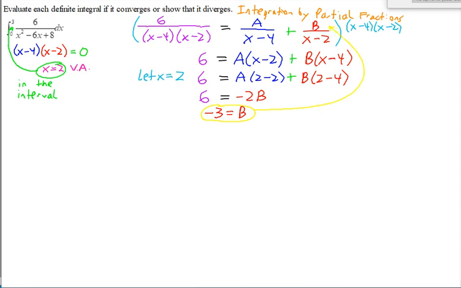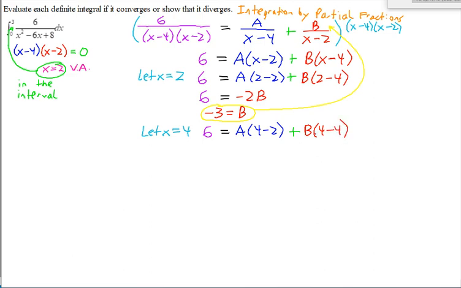And then, same thing to solve for a, strategically choose what will make the b's get eliminated. So let x equal 4. That'll wipe out the b term there, so we'll get 6 equals a times 4 minus 2 plus b times 4 minus 4.